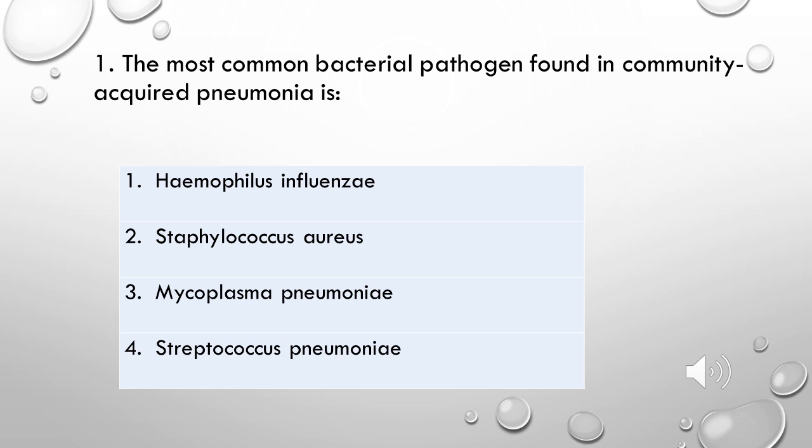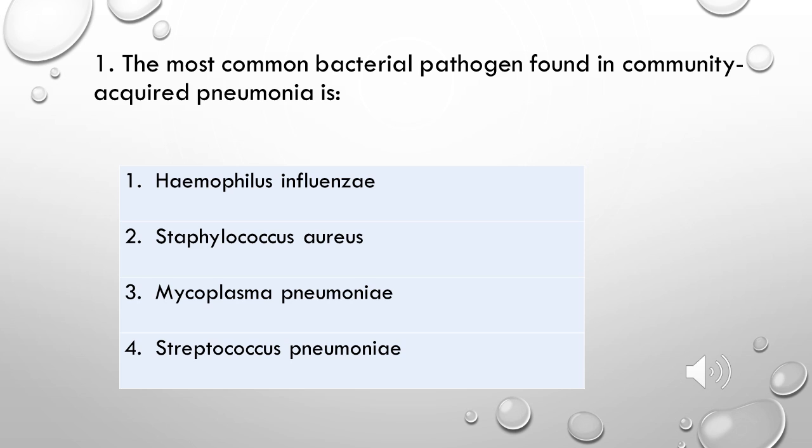S. pneumoniae is identified as the causative organism in 60% to 75% of adults with bacterial pneumonia based on sputum culture. Non-typable H. influenzae.